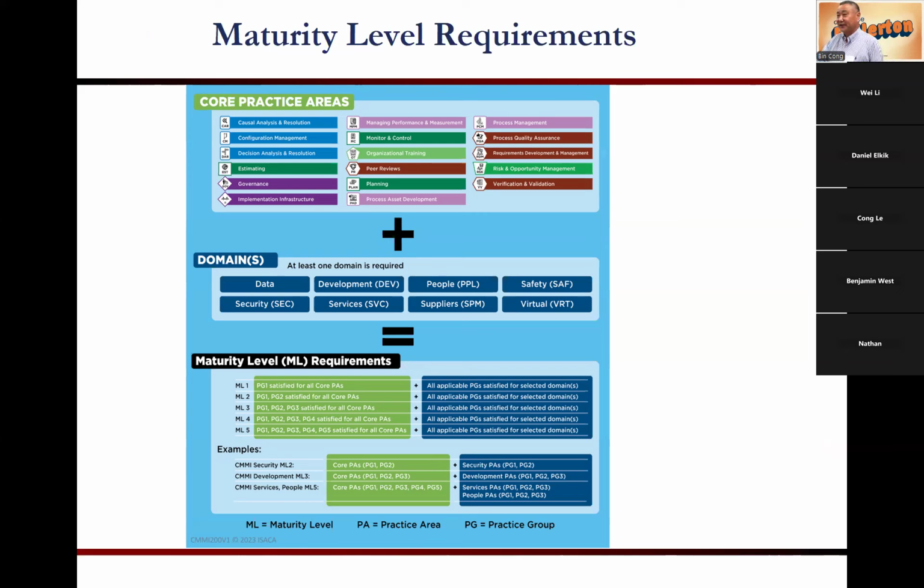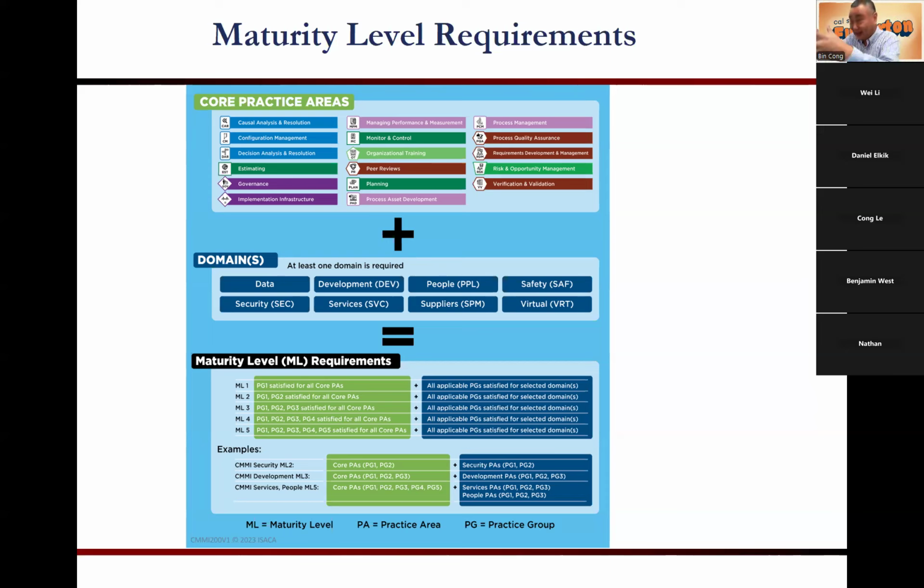In 3.0, the biggest change is this. When you apply for appraisal, you can appraise as many domains as you like. I can do 1, I can do 2, at most 8, in one appraisal. In the past, if you did 2 domains, like service and development, you had to do 2 separate appraisals. Now you can do 1, which saves you a lot.